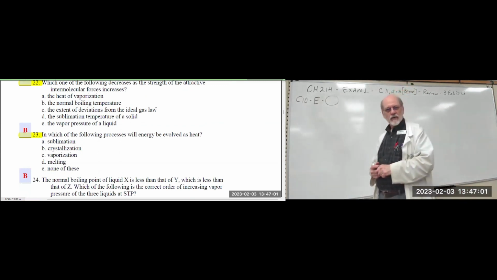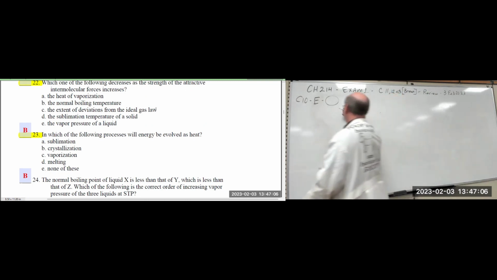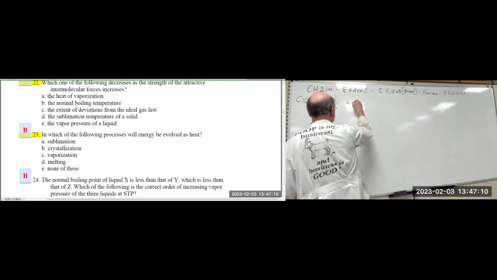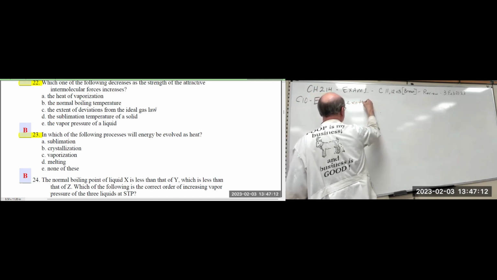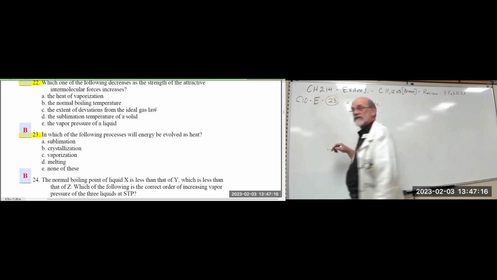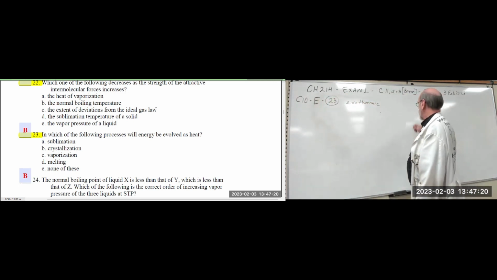23. In which of the following processes will energy be evolved as heat? So we're talking about an exothermic process. Energy is evolved. Okay, so what can we have?